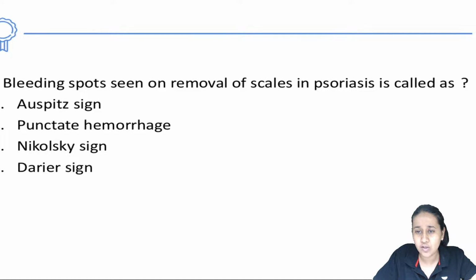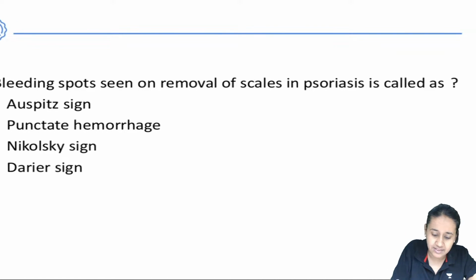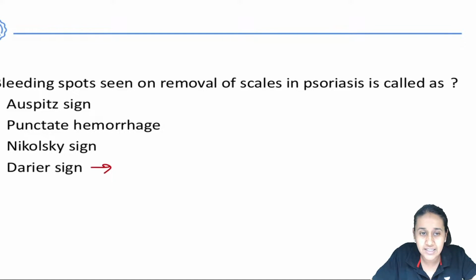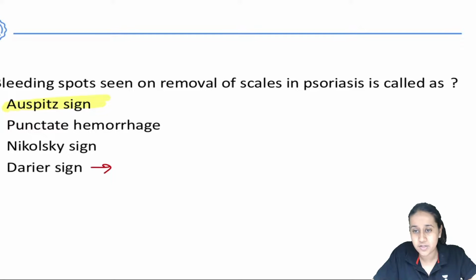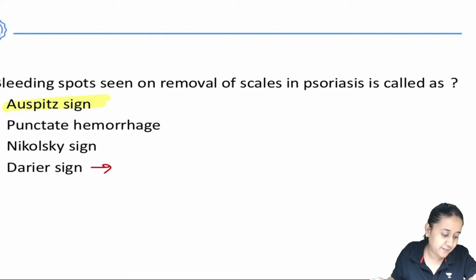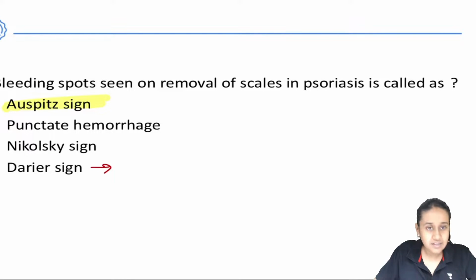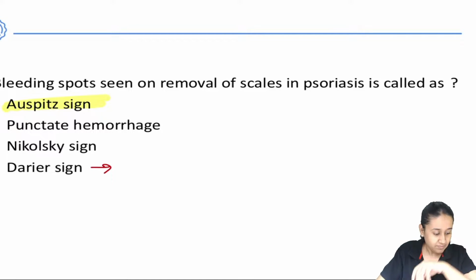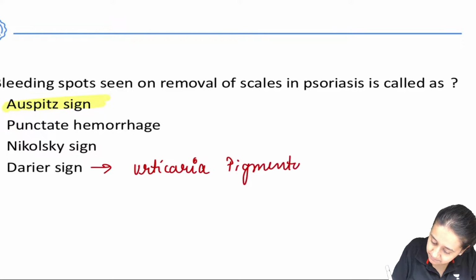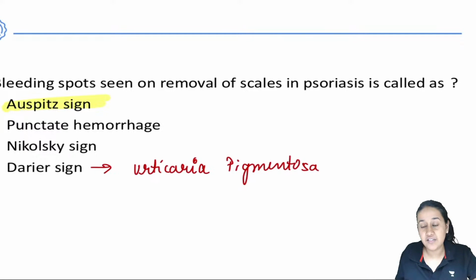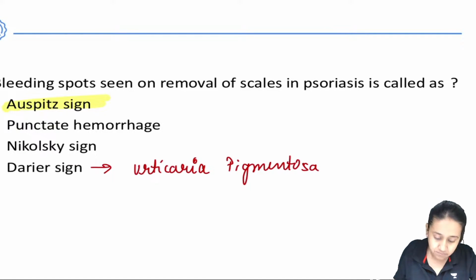Can you tell me where you see each of the options? Where do you see Darier sign first? The answer to this question is option number 1, but tell me in which disease you see Darier sign. Darier sign is a feature of urticaria pigmentosa.